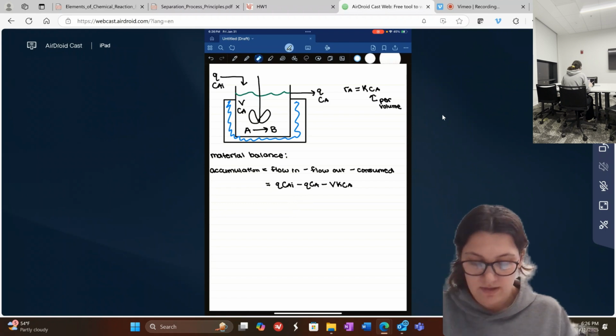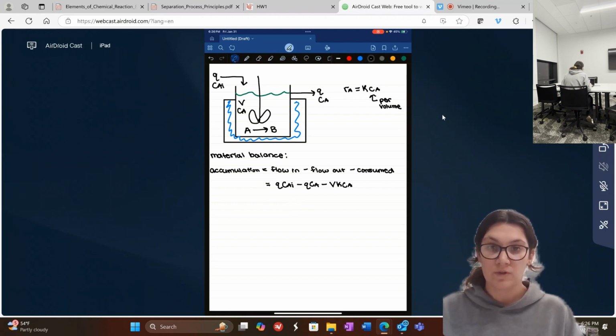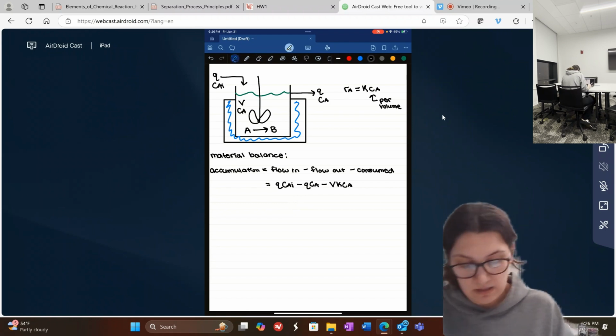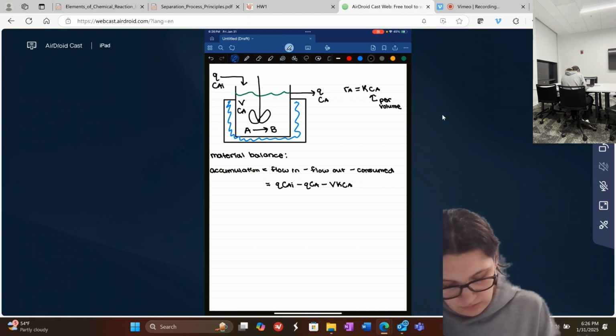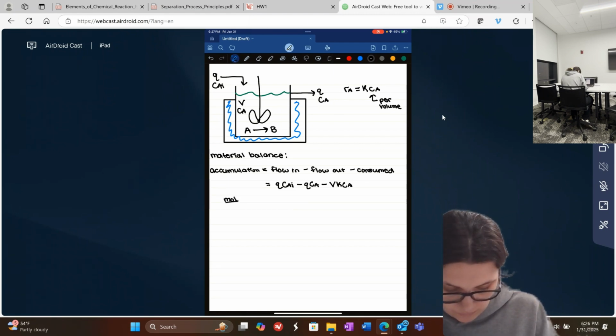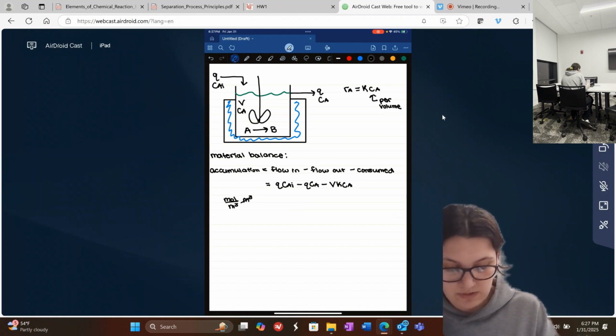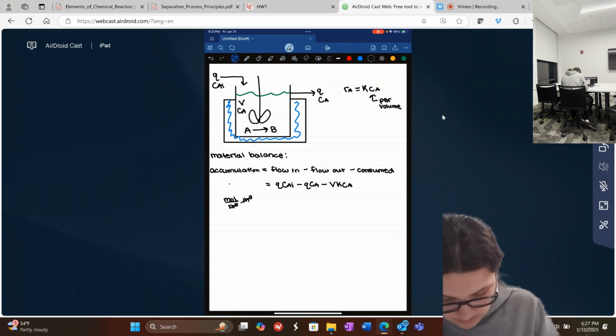On the left-hand side of the equation, we want to know how many moles of material are accumulating in the reactor. So right now we know the concentration, which is moles per meter cubed, and if we multiply by the volume, that will give us our moles.